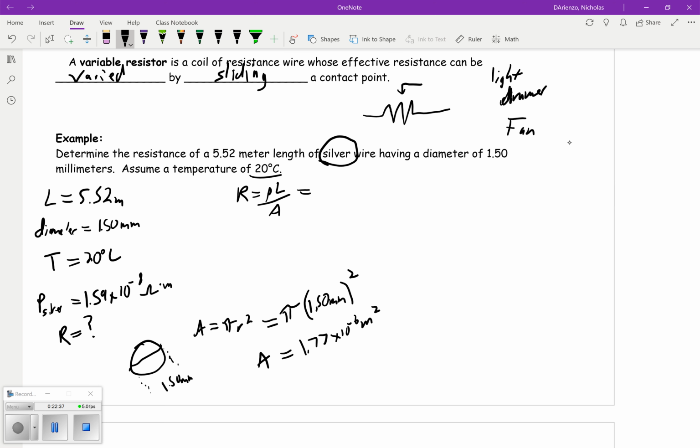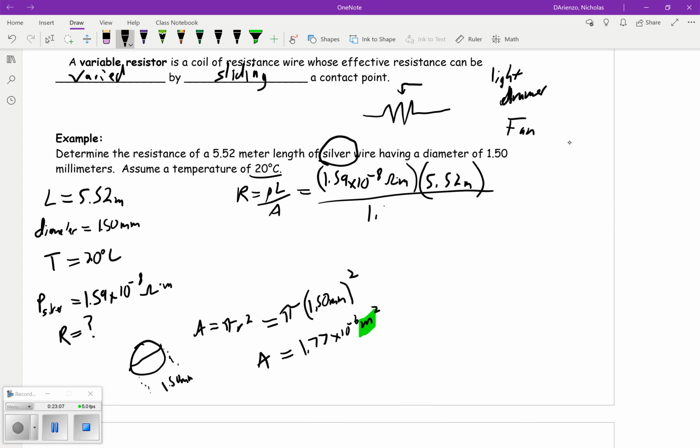Now we can plug in and figure out what our resistance is here. We know that the resistivity is 1.59 times 10 to the minus 8 ohm meters times the length of the wire, which is 5.52 meters. We'll bracket that. We'll put that over our area, which was converted here in our calculation to meters.